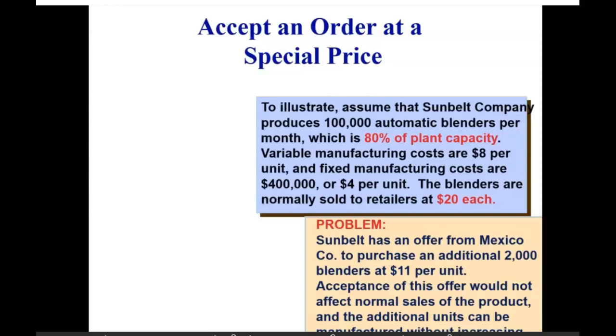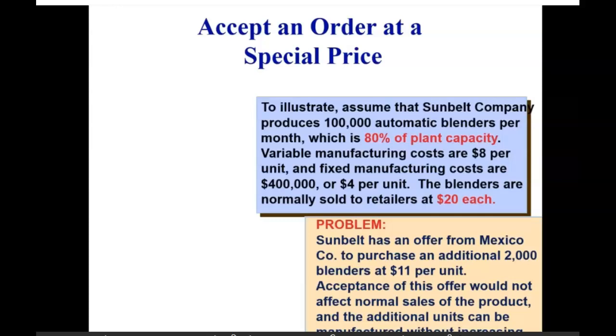For example, let's assume we have Sunbelt Company. They produce 100,000 automatic blenders per month. And they are currently at 80% of plant capacity. Now, the variable manufacturing costs, direct material, direct labor, and variable overhead, per unit is $8.